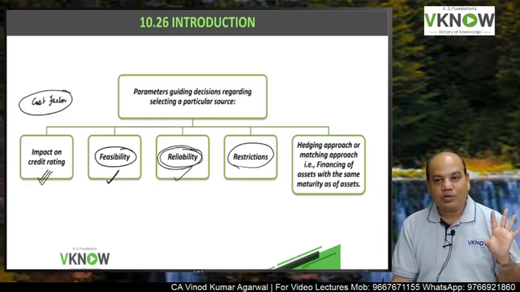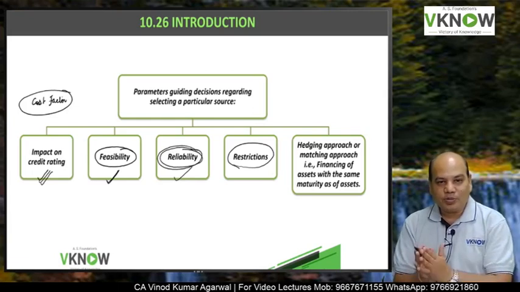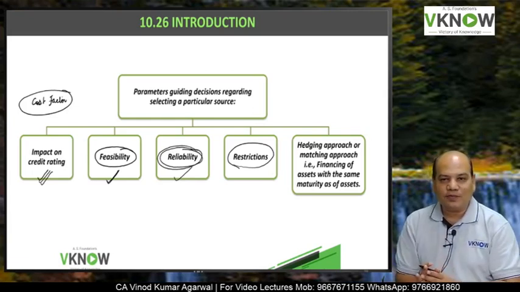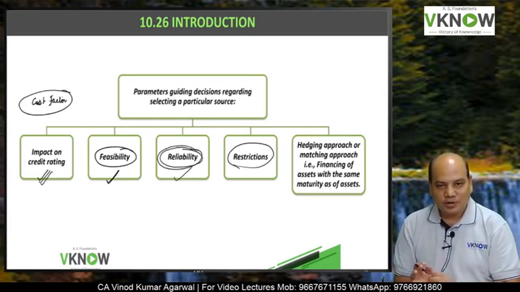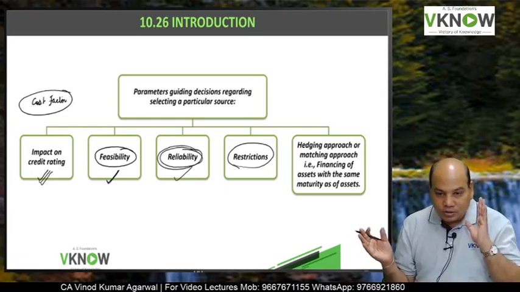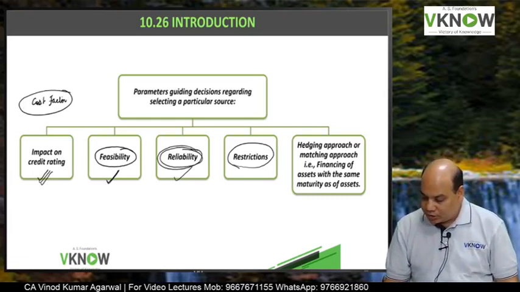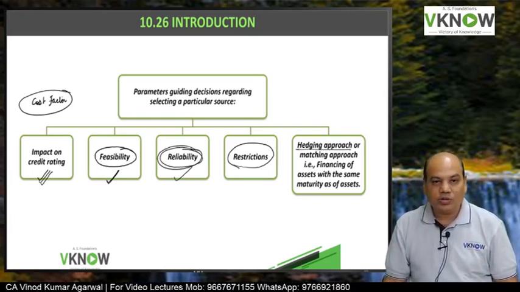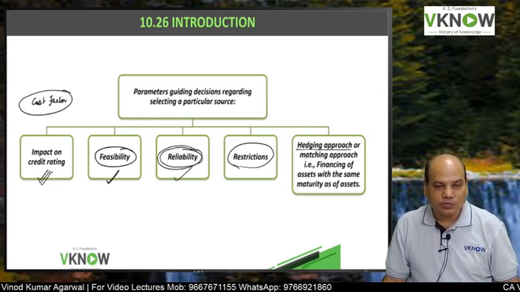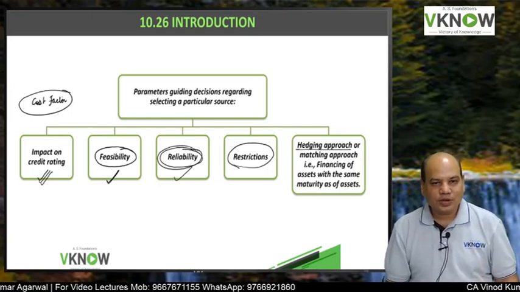Company will have to submit quarterly P&L account and balance sheet to the bank. Promoter will also contribute 25% of the total cost or the funds required. Oh my God, you must check whether these terms and conditions are feasible, and then you have to also ensure the matching concept is followed or not. Short-term source, short-term needs.